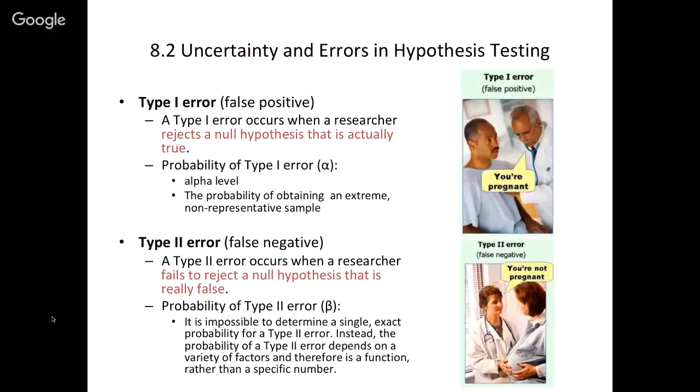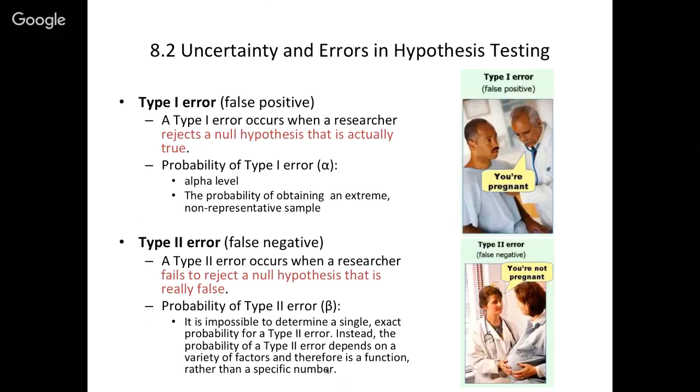The probability of type 2 error is a little bit complicated. It's impossible to determine a single exact probability for a type 2 error. Instead, the probability of type 2 error depends on a variety of factors, and therefore it is a function rather than a specific number.